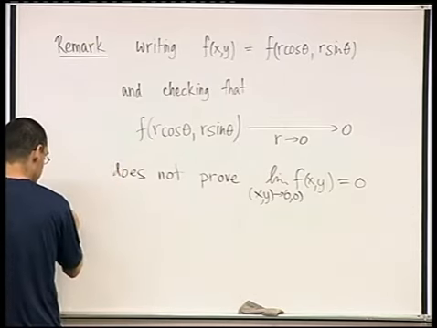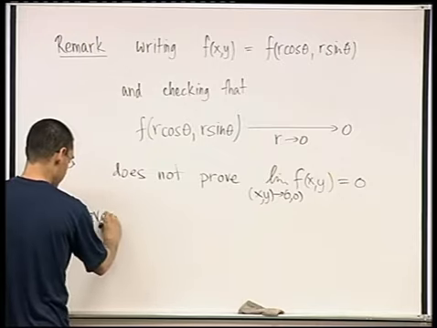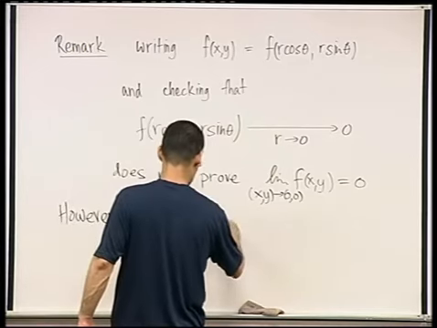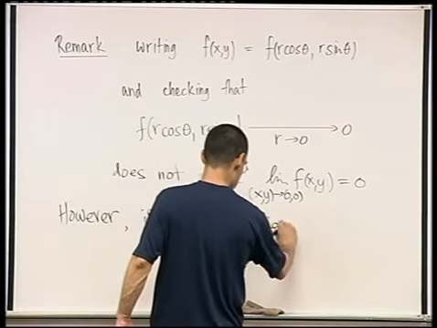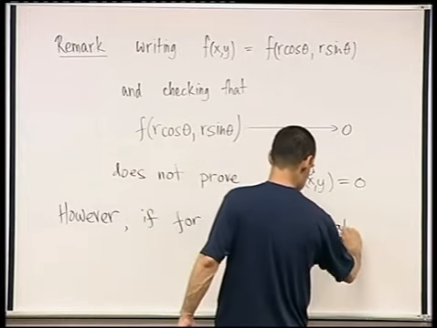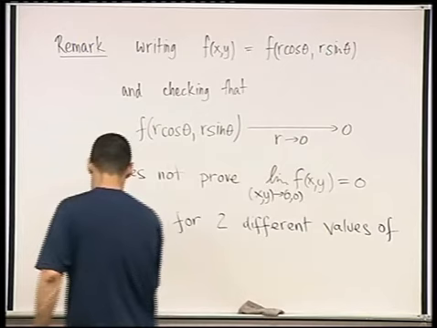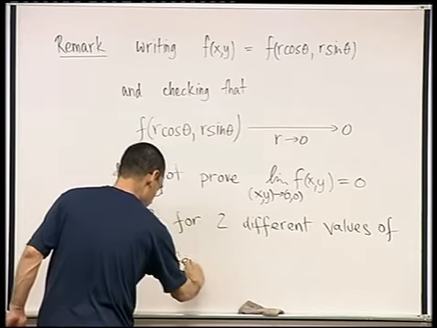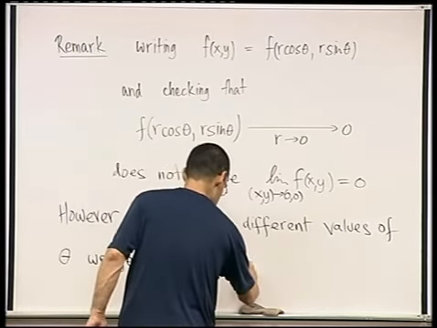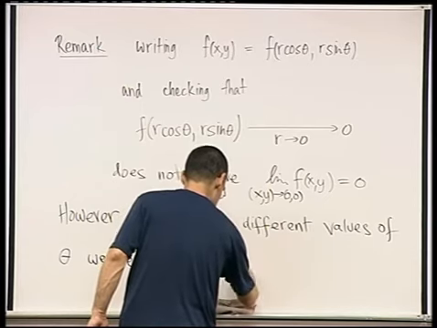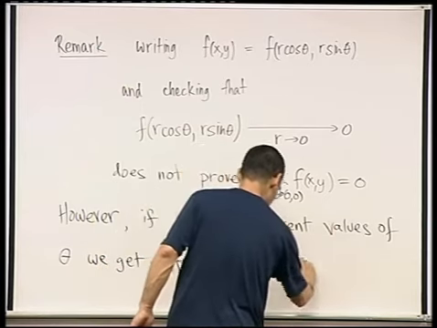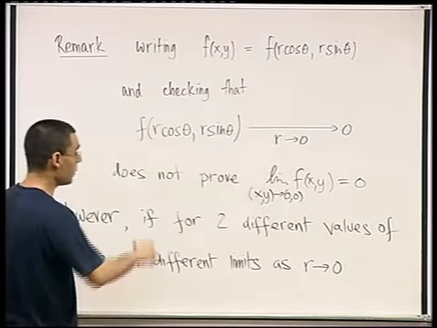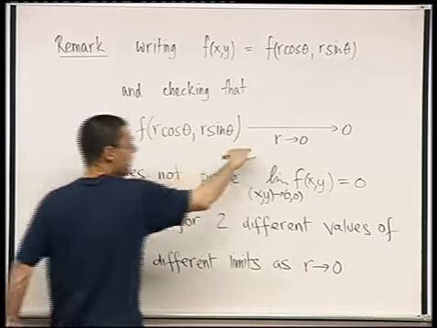But, however, if for two different values of theta we get different limits as r goes to 0, so this is just saying, ignore theta, take r to 0.